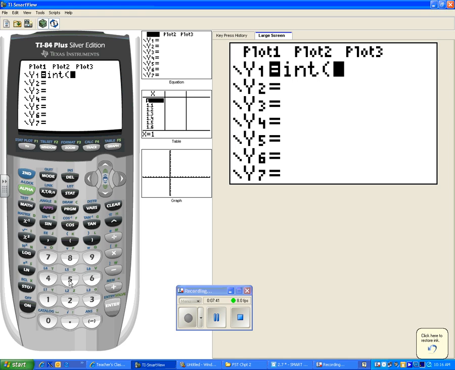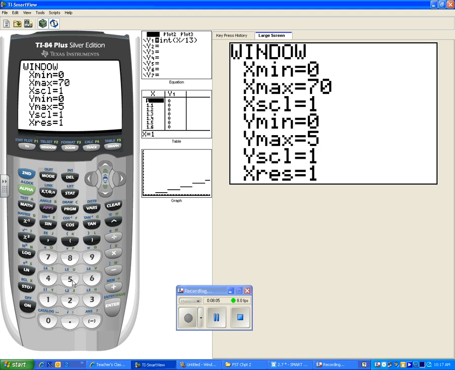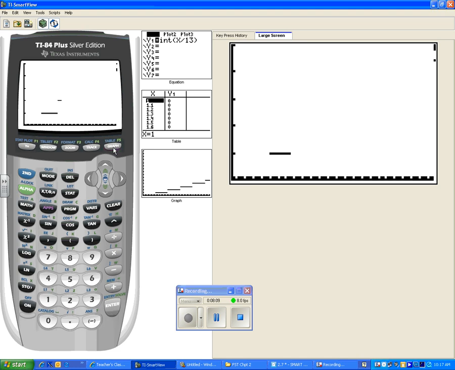And then we can plug in our x in this case, divided by 13. And I'm going to change my window a little bit. I had 0 to 70 for the dollar amounts. And let's see, the most CDs we had was 5, right? So there's your steps.